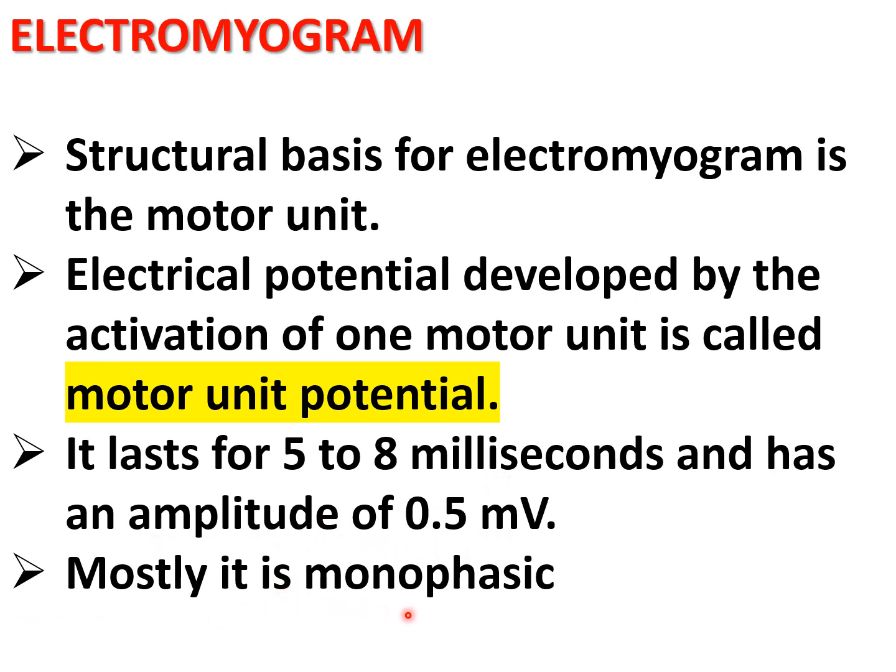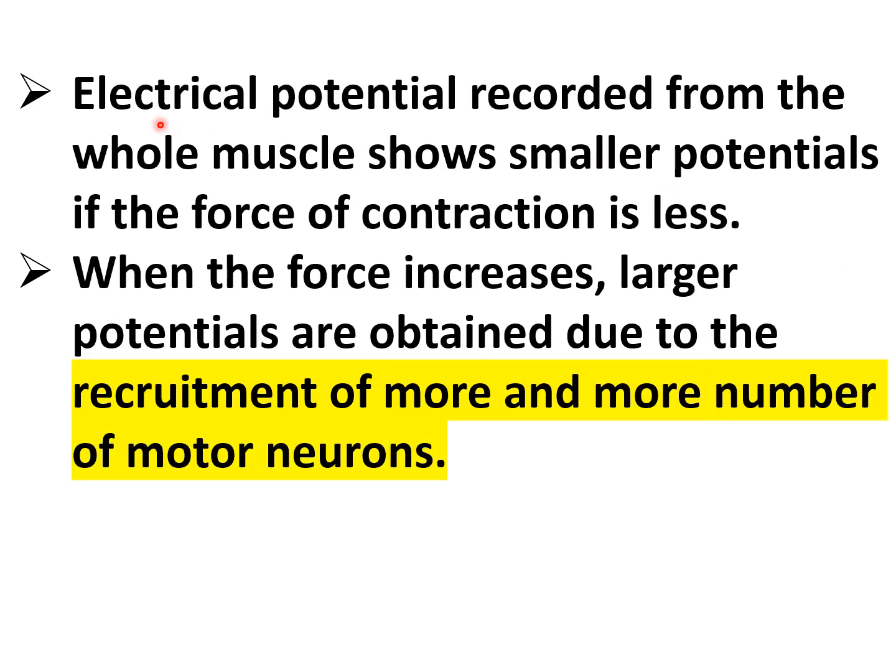Mostly it is monophasic. The electrical potential recorded from the whole muscle shows smaller potentials if the force of the contraction is less. When the force increases, larger potentials are obtained due to the recruitment of more and more motor neurons.